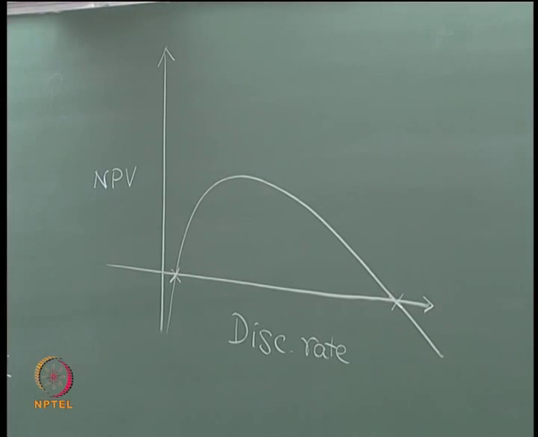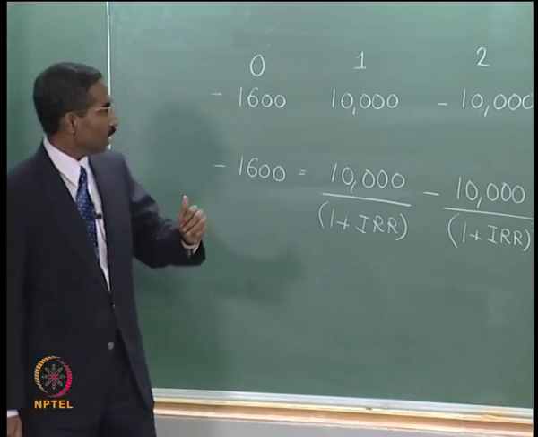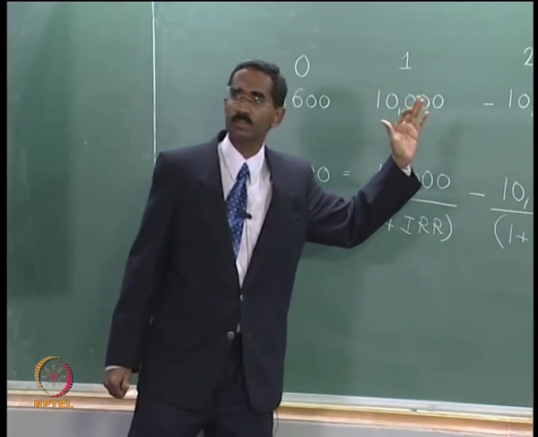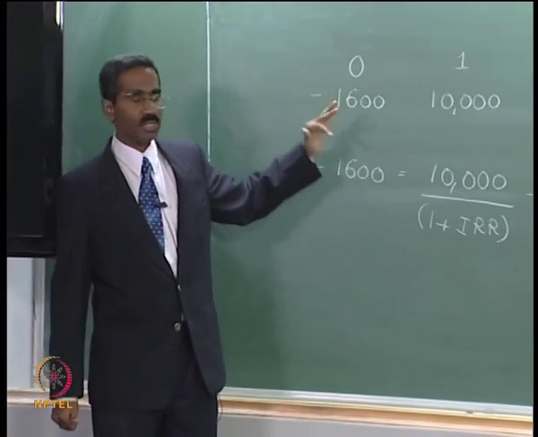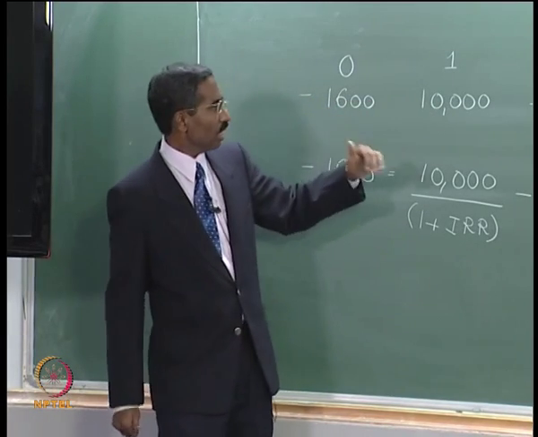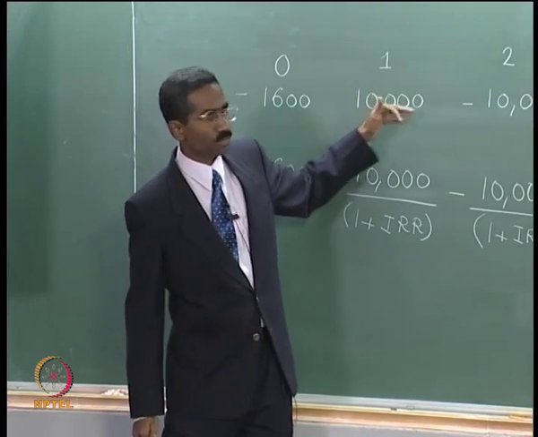Under what circumstances do we actually have a situation where IRR would not exist? We will have a situation of IRR not existing when there are what are called multiple sign changes in the cash flows. If you look at it, there is a sign change from negative to positive. So there is one sign change in the cash flow, and then subsequently there is another sign change, from positive to negative.